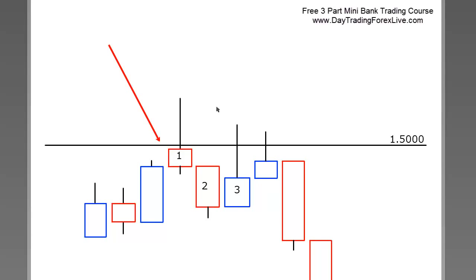And the second rule is that it needs to close in the lower 2/3 portion of that candle. The reason we use that rule is it just ensures that our confirming candle is aggressively confirming that reversal.